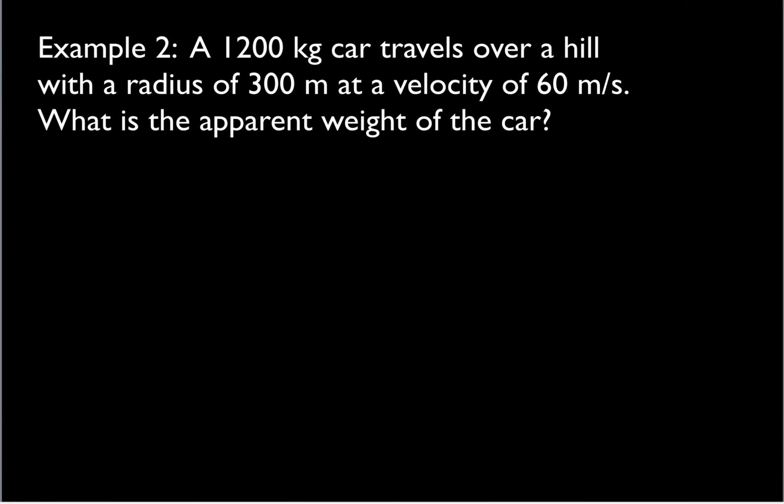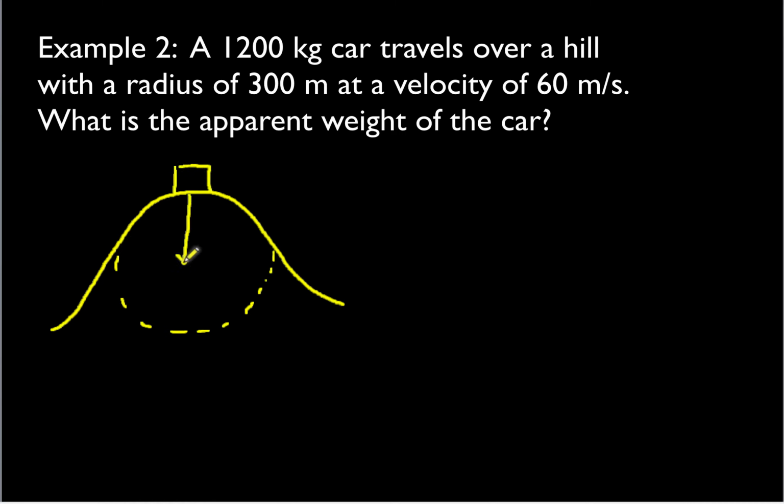Let's change up the speed of the car in the same hill. A 1,200 kilogram car travels over a hill with a radius of 300 meters at a velocity of 60 meters per second this time. What is the apparent weight of the car? The radius hasn't changed. It's still down towards the center of the circle at negative 300 meters, but now we're traveling faster.